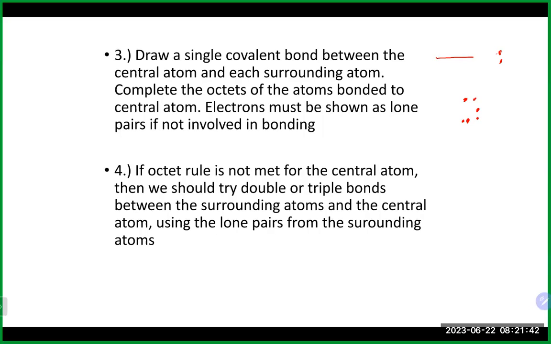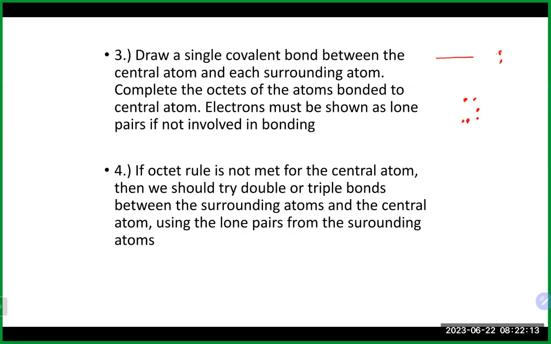Now, if you made your single bonds from the center to the outside, put your dots on all the outside atoms, and you still have electrons to put into your picture, it is at that point you go to the center atom and put those electrons on also as dots, as pairs of electrons. So it's single bonds to the outside, pairs of electron dots on the outside, and any leftover electrons go on the central atom as dots.